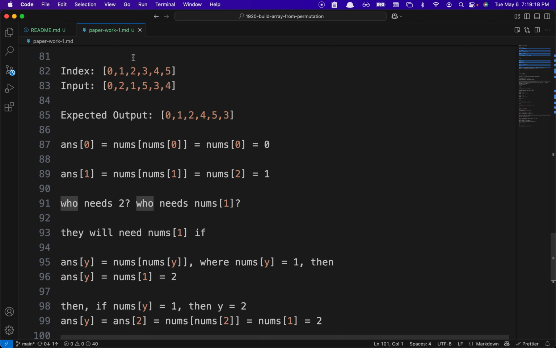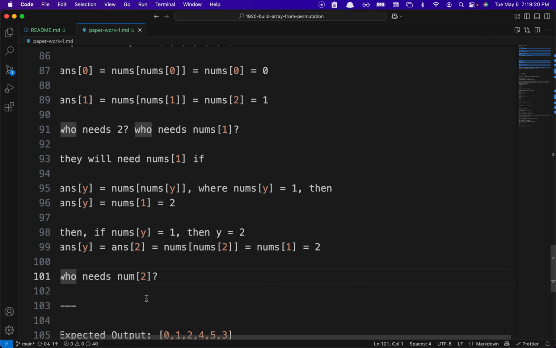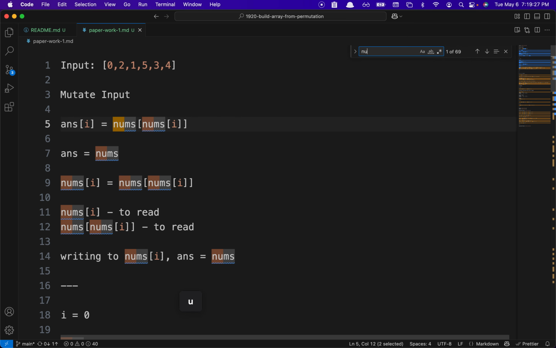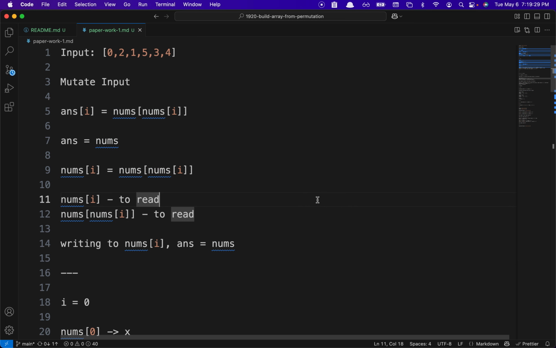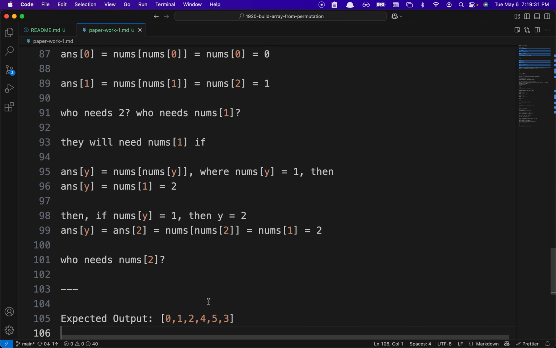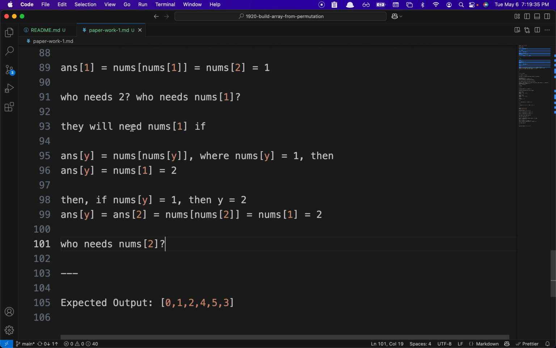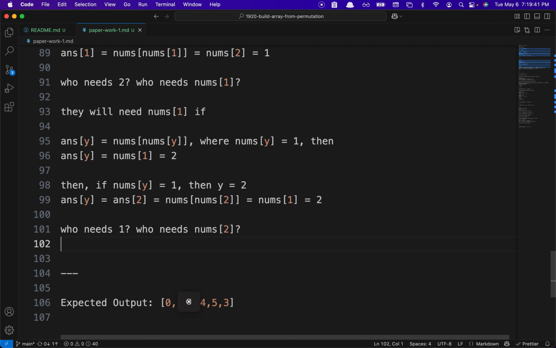Who needs, basically, who needs nums, right? Nums of 1. No, so who needs nums of 2? Nums of 2 is 1. Who needs 1? Who needs nums of 2? Someone who needs nums of 2 is answer of z equal to nums of z.